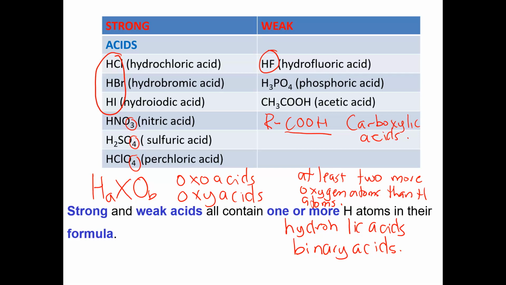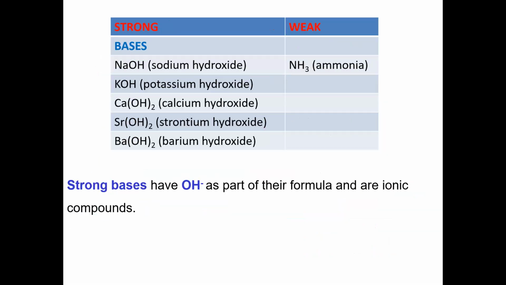And then something that makes it really, really easy is if it's not strong, it is by default weak. So anything that's not strong is automatically weak. Okay, so really you just need to remember these guys and the rules for identifying strong acids, and then anything else, anything that's not strong is automatically weak.